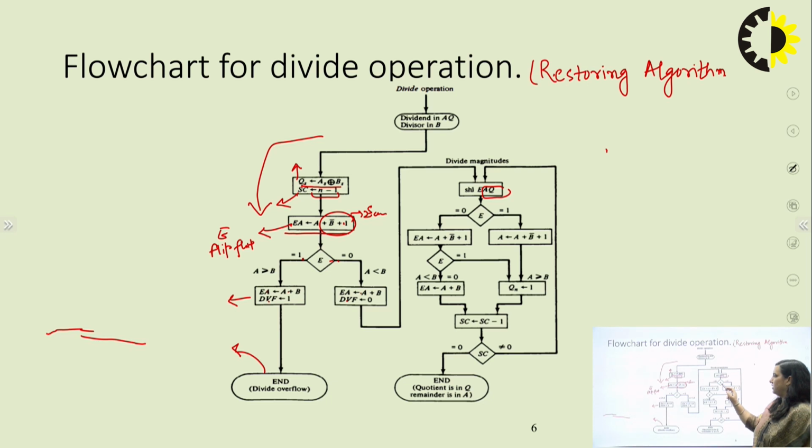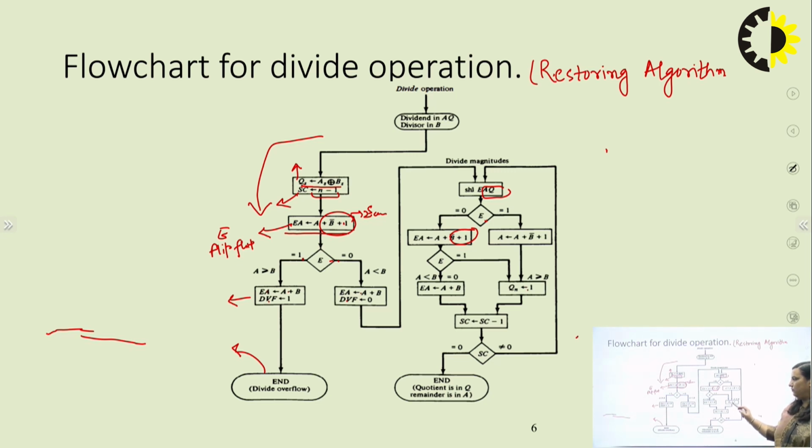After that we will check the value of E again. If E is equal to 0, then we have to perform EA is assigned A plus B plus 1. Here again it is A minus B, meaning A plus 2's complement is equal to A minus B. After that we will again check the value of E. If E is equal to 1, then we will assign the Qn bit to 1.